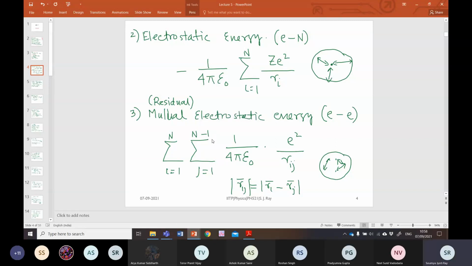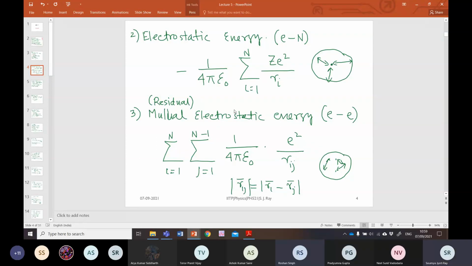Okay, so the question from my side is why there are two different summations in this third term. Anyone? Because we are considering interaction terms. What interaction? Rij, where i is a different index and j is a different index.